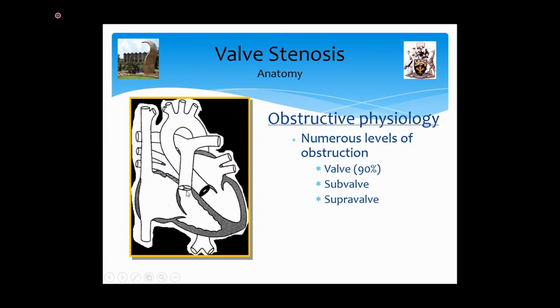But because the pulmonary valve is stenosed, the murmur will be heard at the left upper sternal border, and there is less blood supply to the lungs. So it is right ventricular hypertrophy, with a systolic murmur. Those are the things you'll find on examination and on ECG, and echo will demonstrate the valve stenosis.